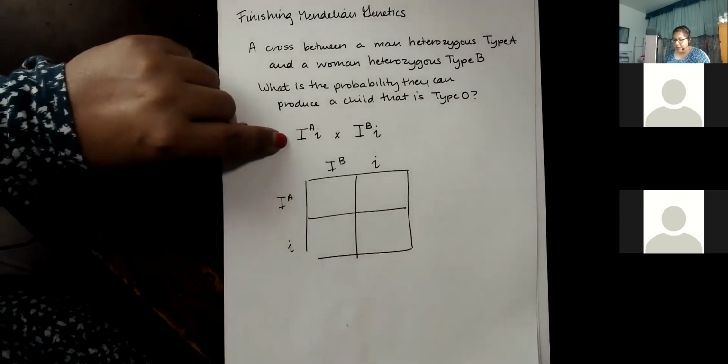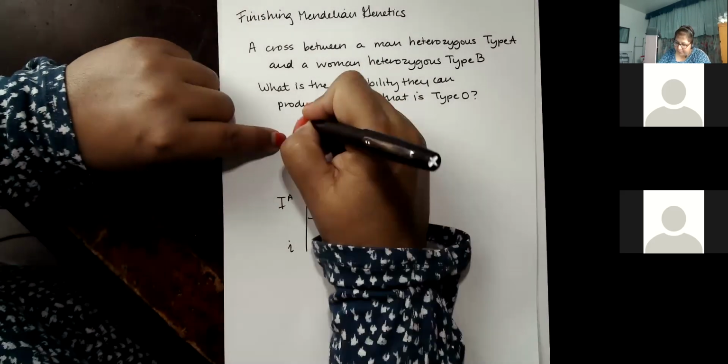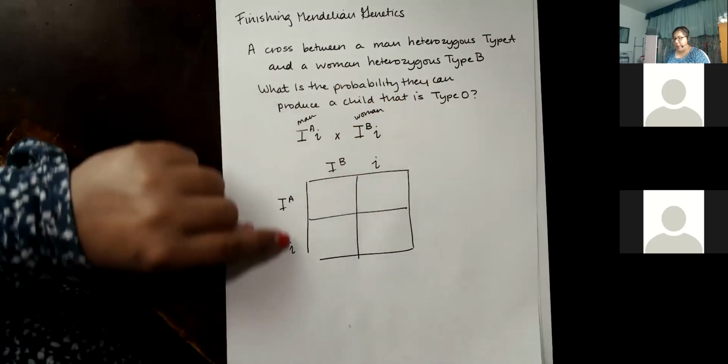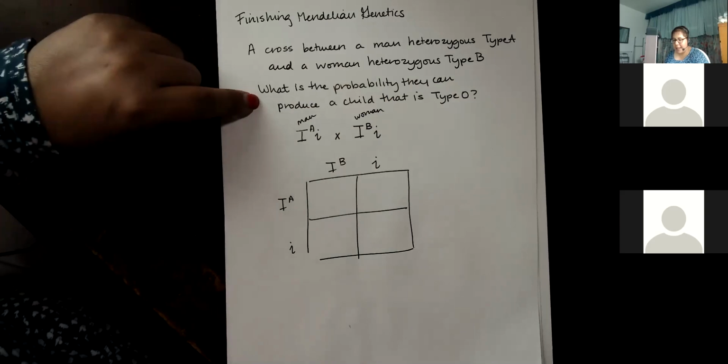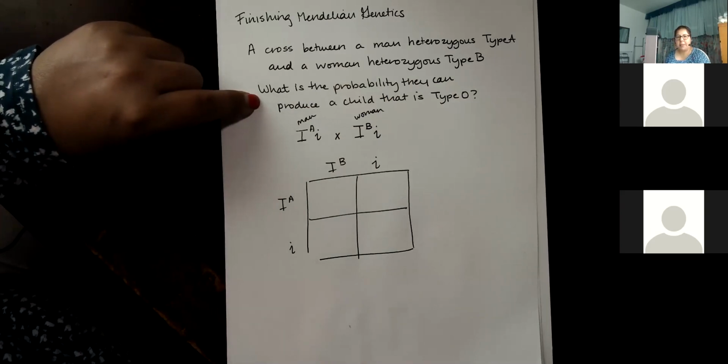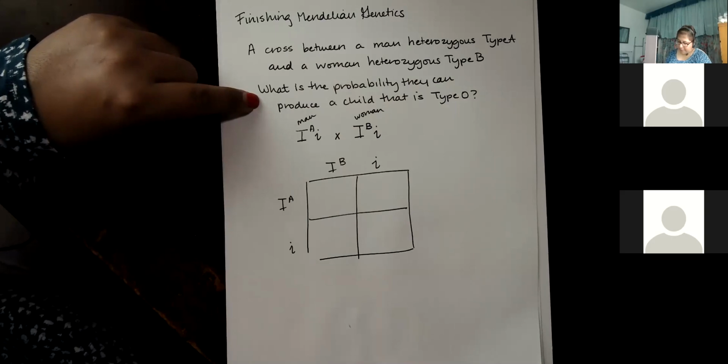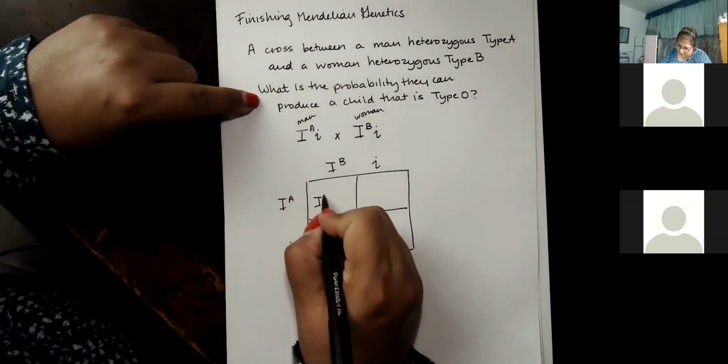So, here's the male. Very good. This is the man. This is the woman. And so here we set up our Punnett square. So what is the answer to the question? What is the probability that we can produce a child that is type O? So if I did it right, the first square would be the capital I with the A and then the capital I with the B. Right.